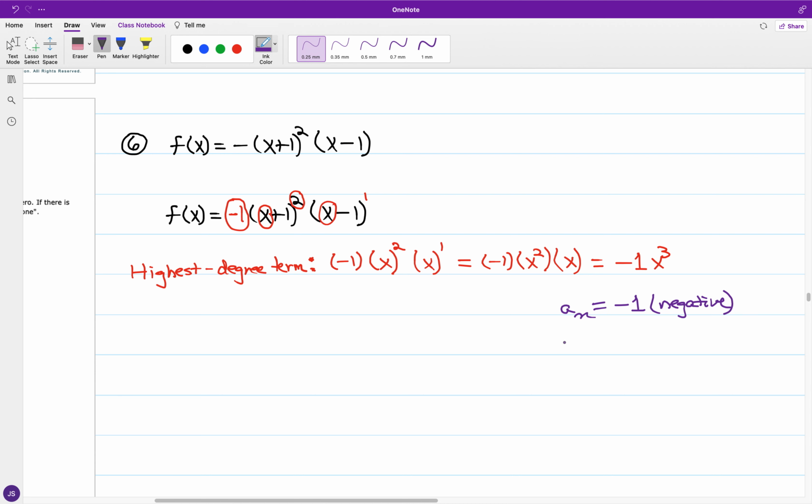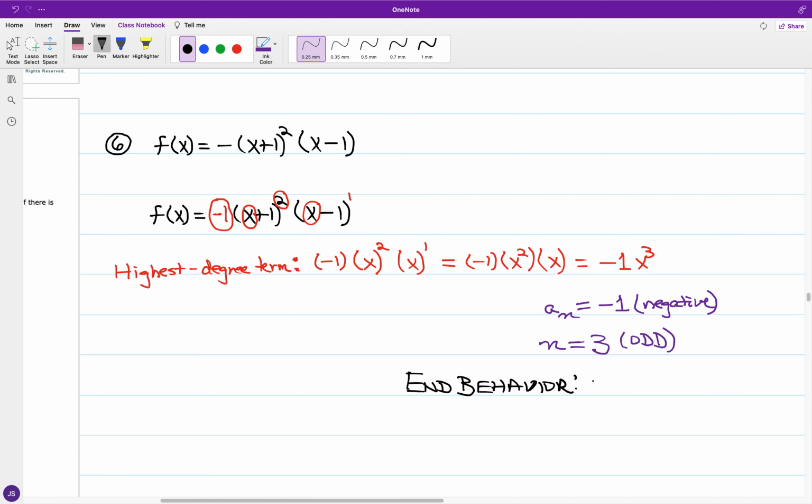And 3 is an odd number. So you have a combination here: a negative leading coefficient and an odd degree. That combination signals the end behavior. Remember, whenever the power is odd, it's going to be up one way and down the other. And whenever the coefficient is negative, in this particular case, the motion is rising to the left, or up to the left, and to the right, moving downward.